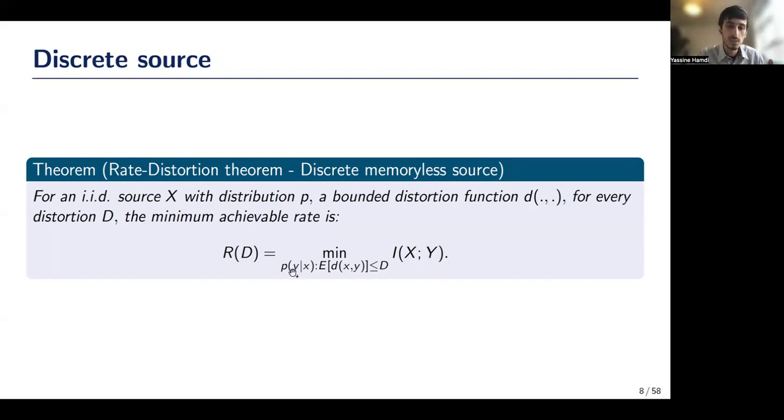There is some limit distribution in some sense, that is small p(x,y). And the mutual information, it doesn't really matter what the expression is for now. It's just good to know that we have an expression of the optimal r related to some limit distribution p.